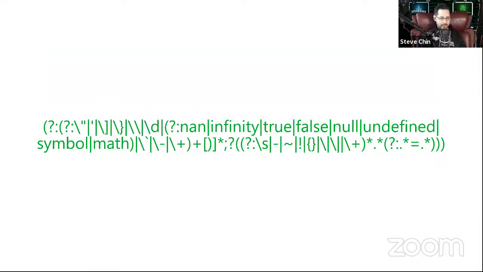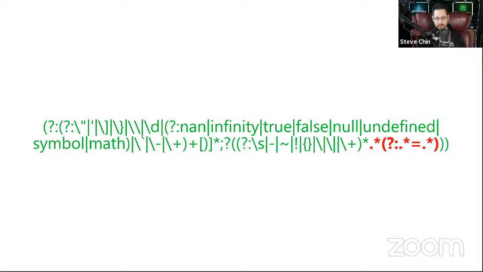So can anyone, a regular expression guru, immediately identify what part of this regular expression might have caused servers to run out of processing time and memory? Okay, so let me give you a hint.